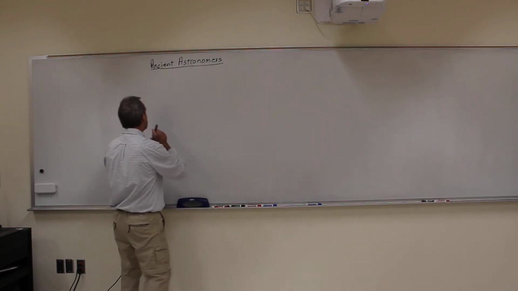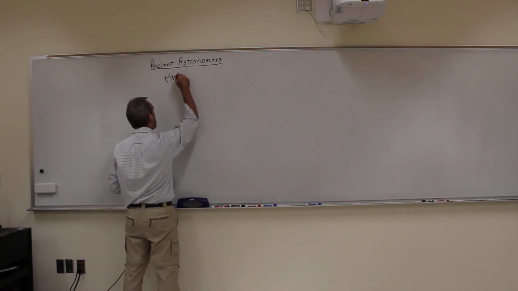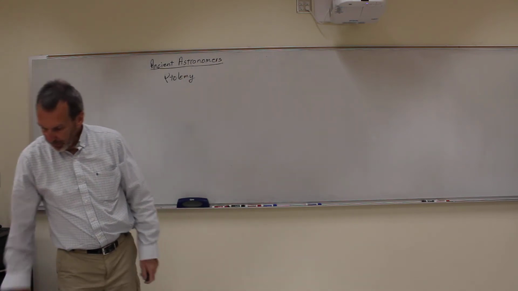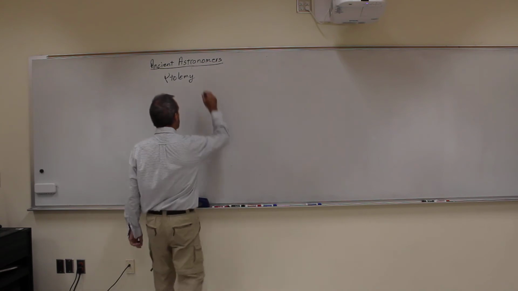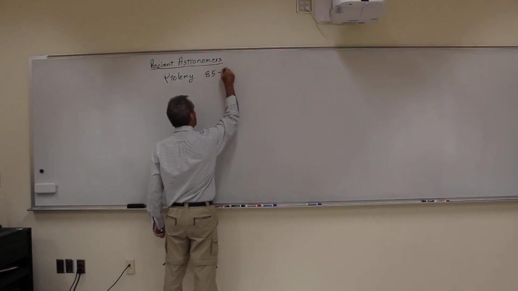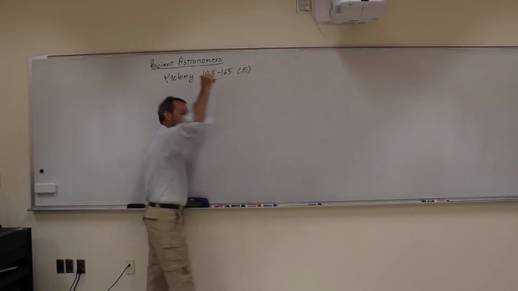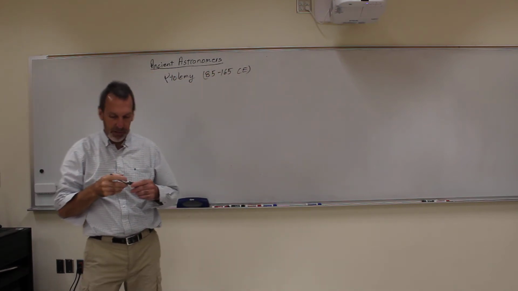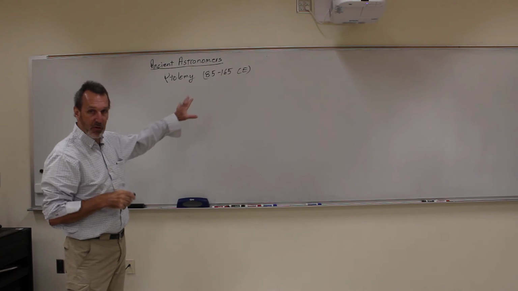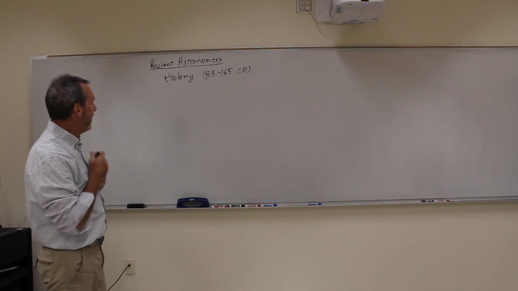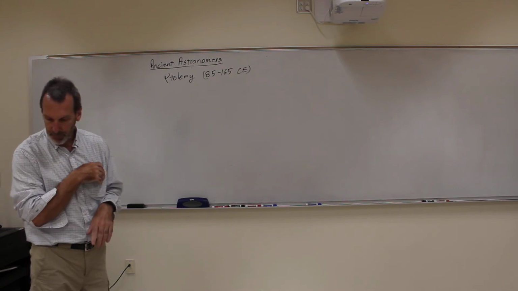So Ptolemy, this is how you spell it, with the silent P, lived from 85 to 165, and this is CE. Notice he was significantly later than the other Greeks that we talked about. In fact, by this point, Rome had taken over, and so we were in the Roman era instead of the Greek era, but Ptolemy was still a Greek, okay?